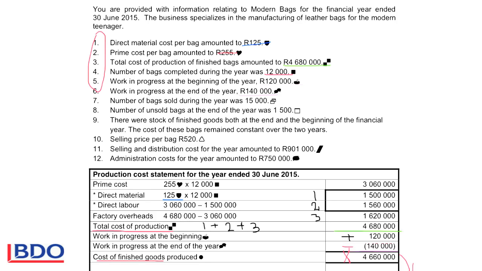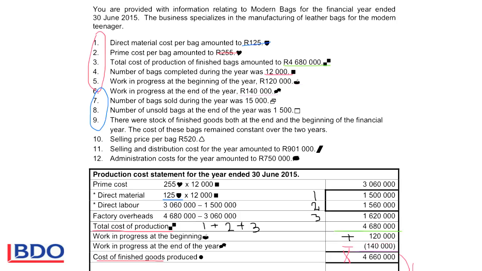So that means they give us in number 7, 8, and 9 information about the number of bags that were sold, so that we can determine how many were produced and what was the cost of the finished goods at the beginning of the year.